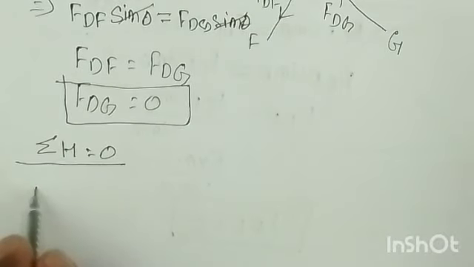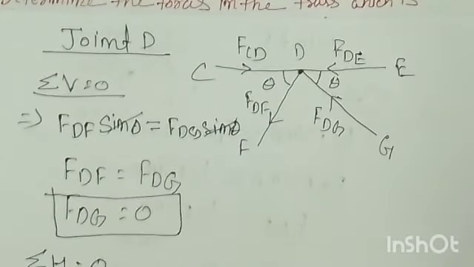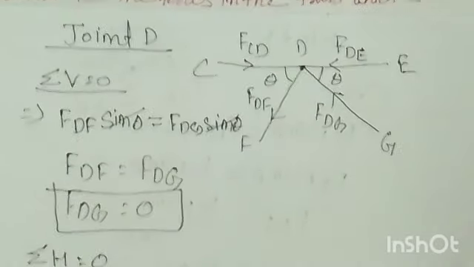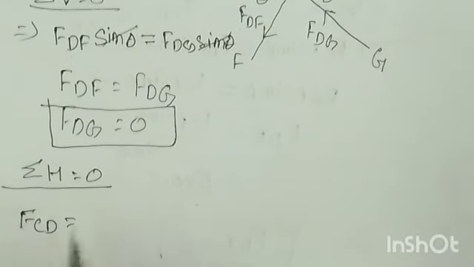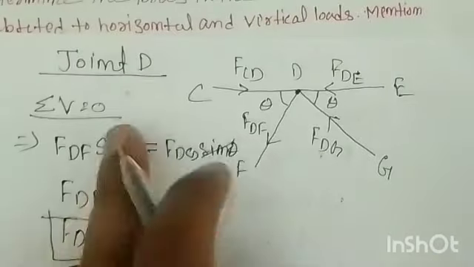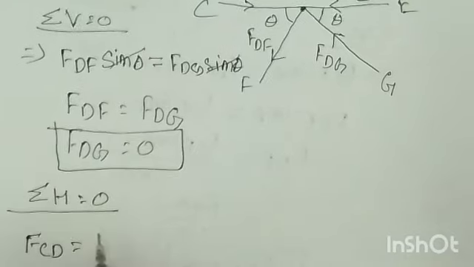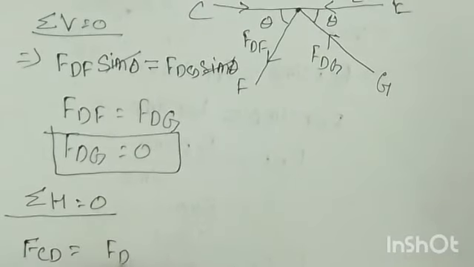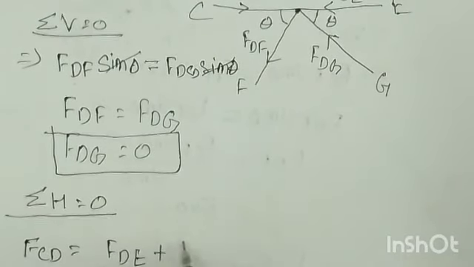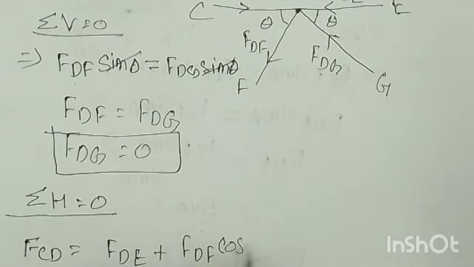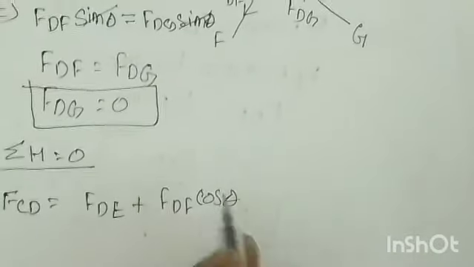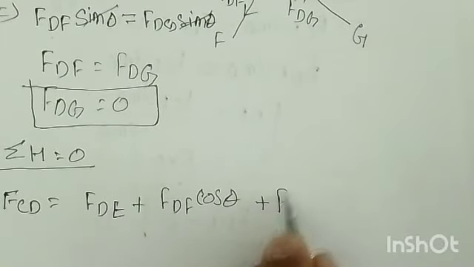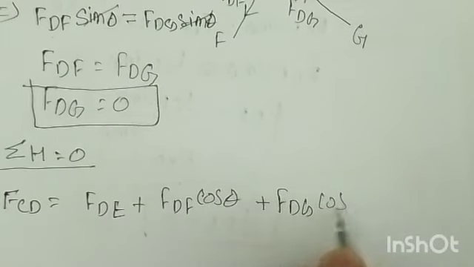So now you can say here, FCD is equal to FDE, right. Now we can say FDE plus FDF horizontal component, which is cos theta, okay, plus FDG cos theta.